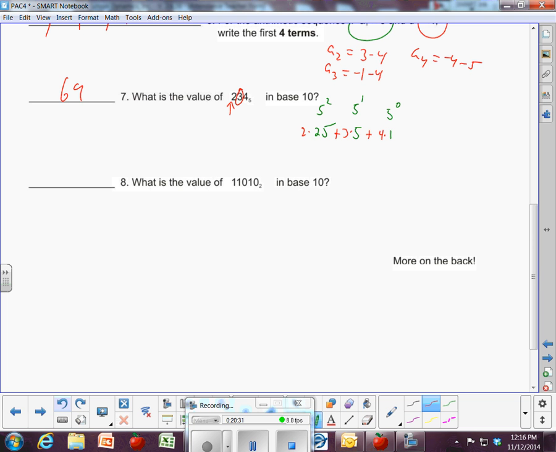So this is 50 plus 15 plus 4, and that's how you got your 69. Again, you do the 4 times the 5 to the 0, the 3 times the 5 to the first, and the 2 times the 5 squared, total of 69. How many got that right? A decent amount of you. If you didn't, let's get number 8 right.